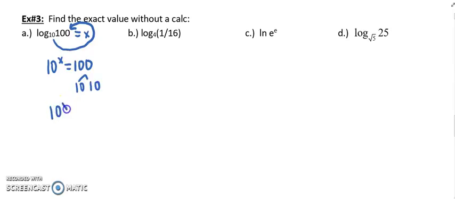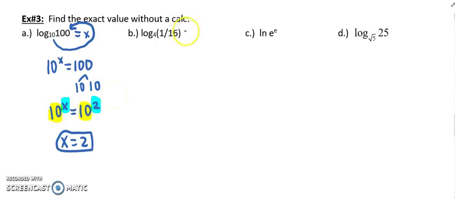Then wouldn't it be 10 to the x equals 10 to the second? Then wouldn't x equal 2? If I'm asking 10 to what is 10 to the second, it'd be 2.